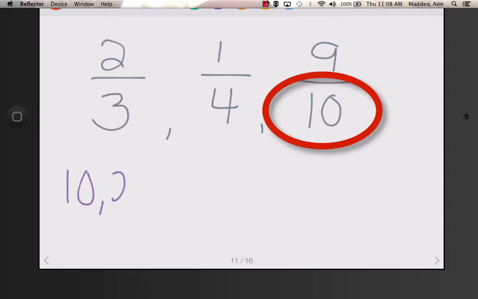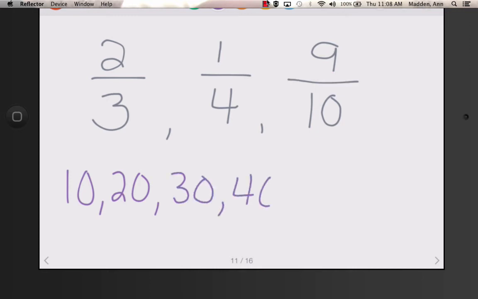10, 20, 30, 40, 50, 60. All right, now I'm going to look. When I count up by threes, hey, I will eventually hit 30. When I count up by fours, I will eventually hit 40. But guess what? I won't hit 40 or 30 when I count up by the opposites, meaning when I count up by threes, I'll never hit 40.